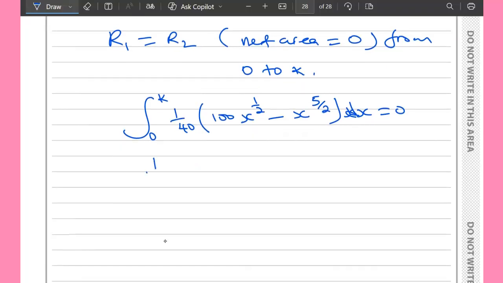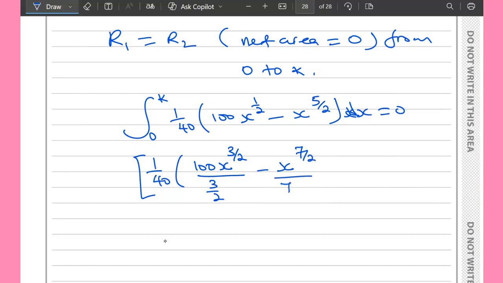Of course, you increase the power by 1, then divide by the new power. So this will be 100 x power 3 over 2, everything over 3 over 2, minus x raised to power 7 over 2, everything divided by 7 over 2, from 0 to k, and this should be equal to 0.